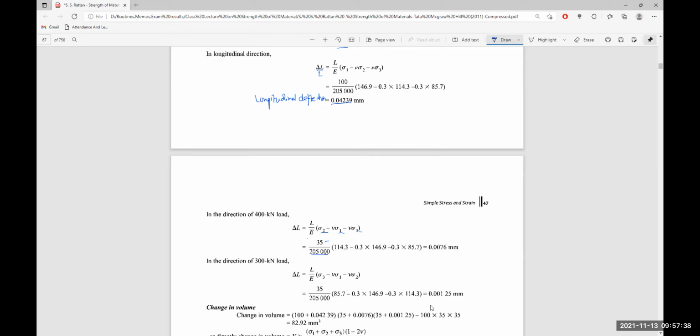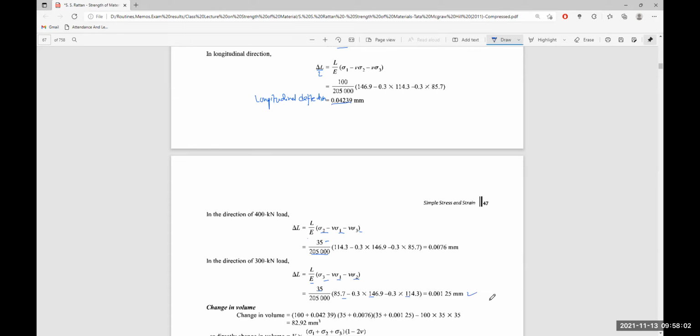In the direction of 300 kilonewton, the length is again 35, and E remains the same, with sigma 3 minus mu into sigma 1 minus mu into sigma 2, putting in the values of sigma 1 and sigma 2, which gives 0.00125 millimeter.